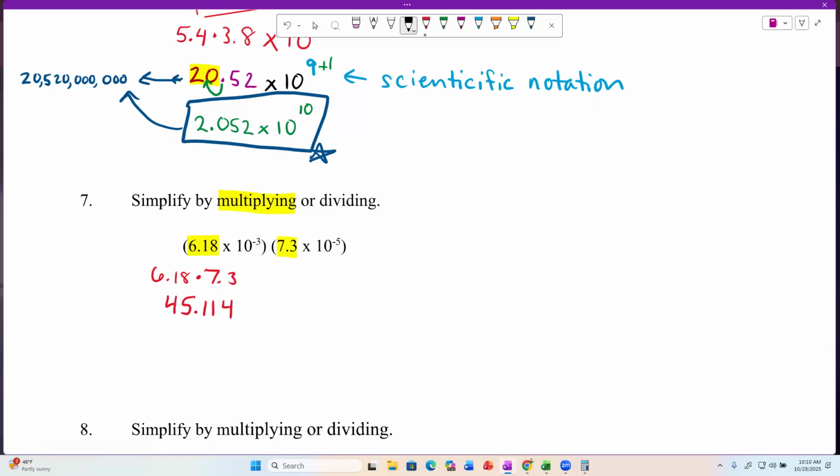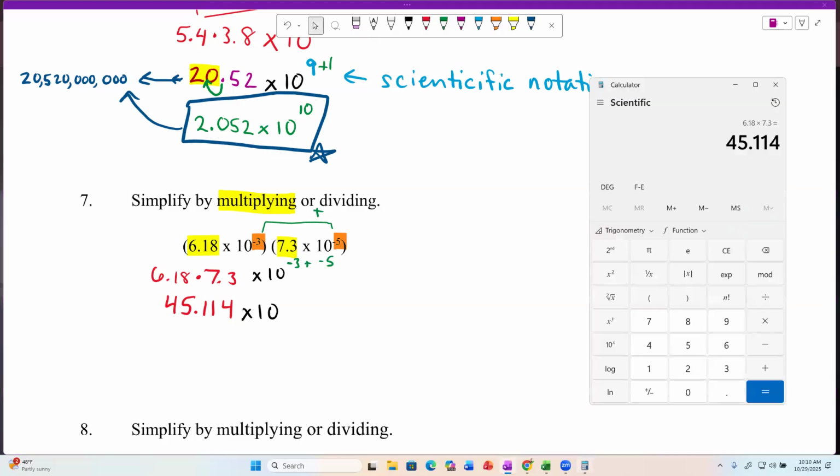You will always and forever have a times 10. And then for the exponents, we're going to add those. So -3 plus -5.